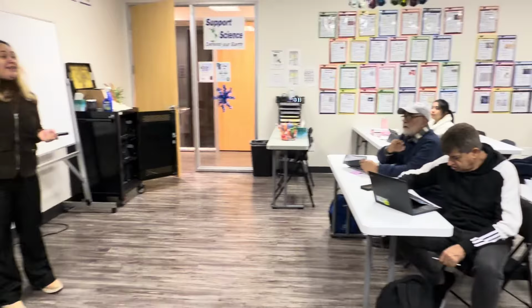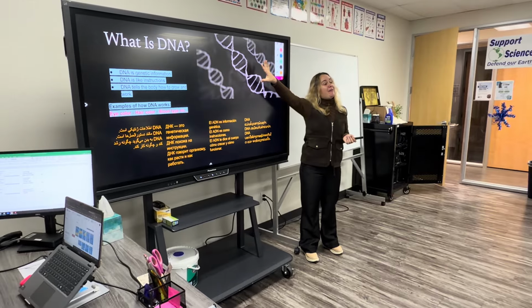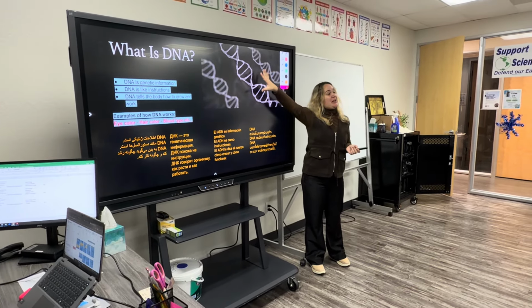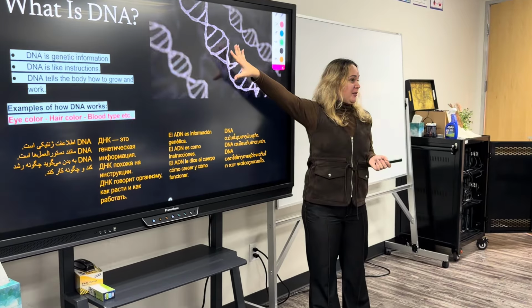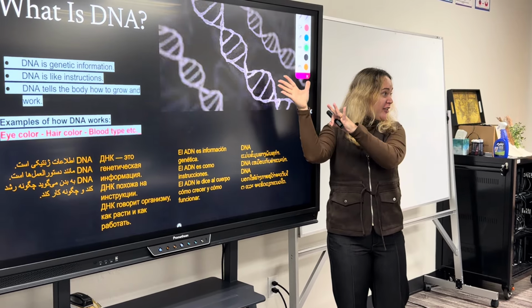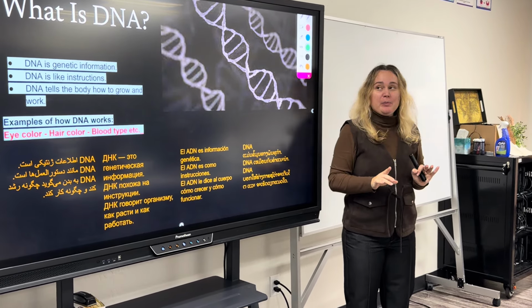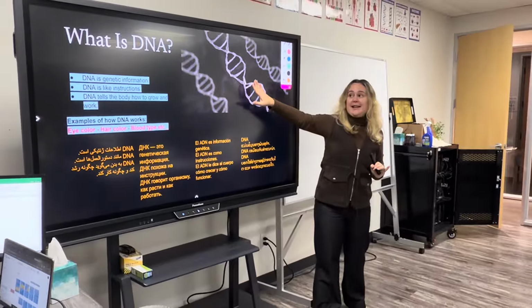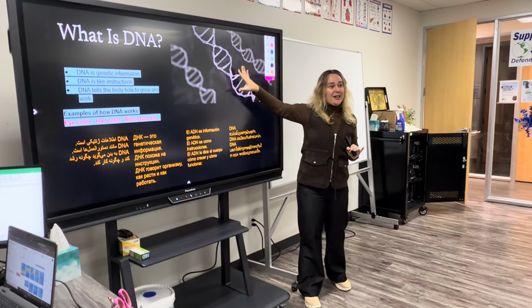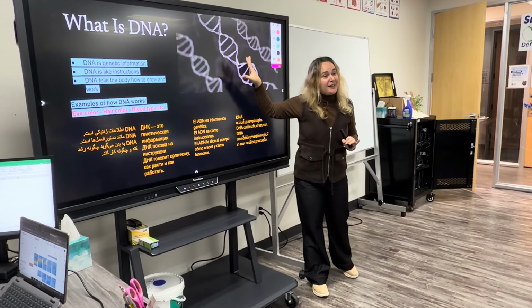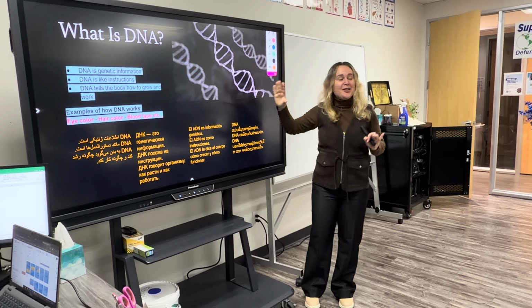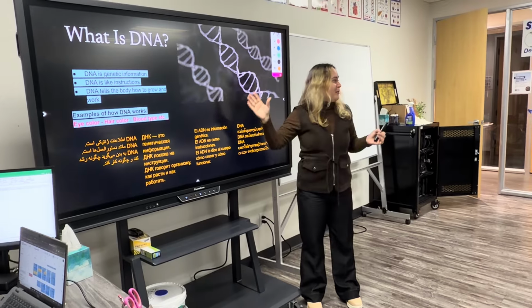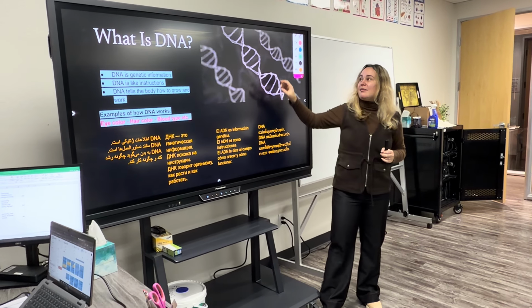So this is a picture. This is not a fancy picture. This is a picture from an electron microscope. So this is real DNA, not a drawing or a computer picture. You can see how it looks inside of your nucleus, inside of your body. It's not too fancy and colorful, but very, very useful.